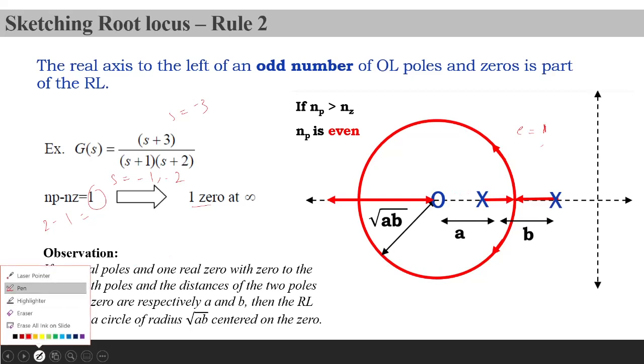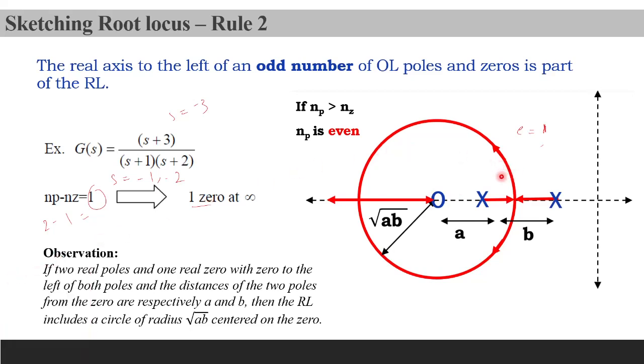But unfortunately, we cannot go into further detail on why it's a circle, but you have to think in a way that whenever you see this case, when np is greater than nz, number of poles greater than number of zeros, and the number of poles is even, there must be a circle drawn up here, in which one of the zeros would be at the center of the circle, and the distance from the first pole to the zero would be a, and the pole to pole distance would be b, and you can calculate the radius of the circle using this.